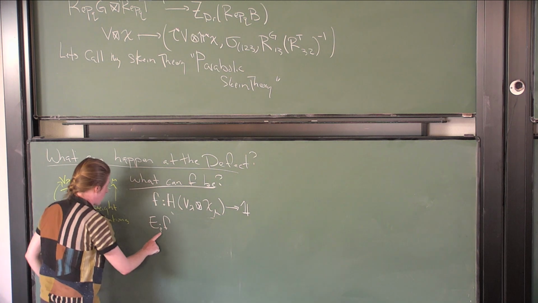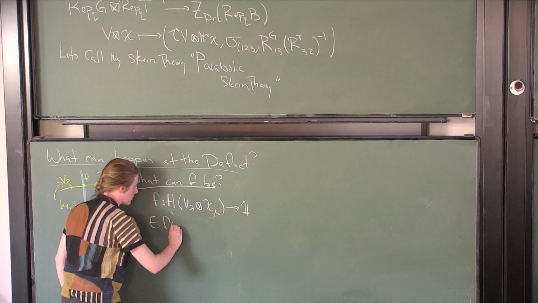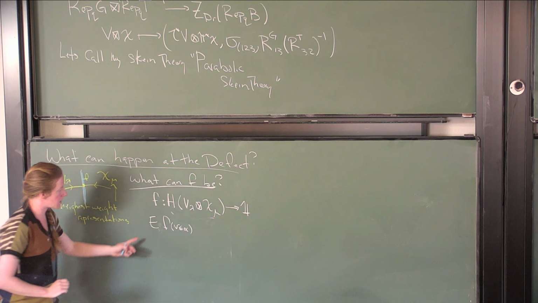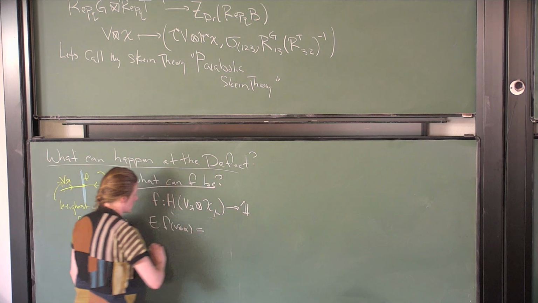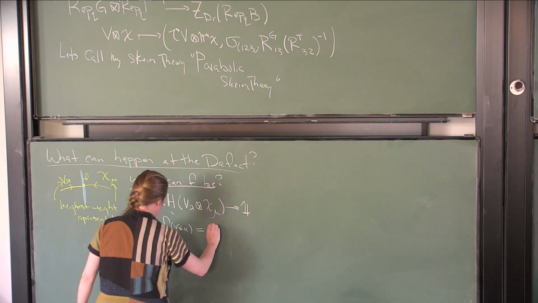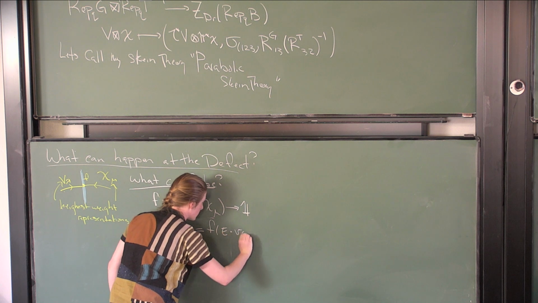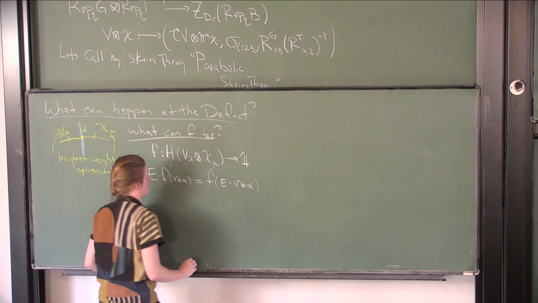So if I have some EI, I'll just drop the subscript for now, and I'm evaluating this on some element here. Well, because it's a morphism in my category, I need this to be linear, so E acting on V tensor alpha.